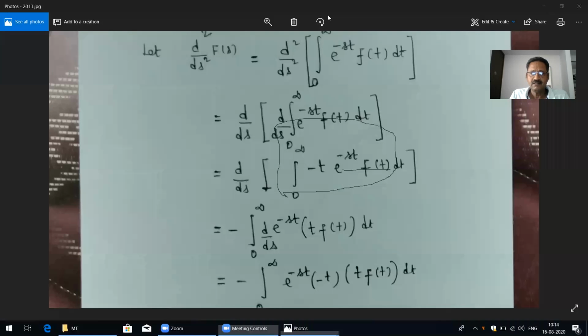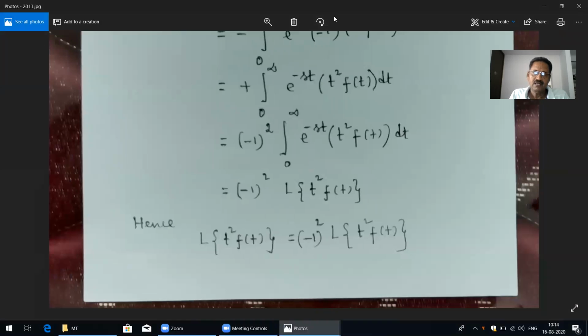Just see the previous page. The final value can be denoted as the Laplace transform of t power n f(t).